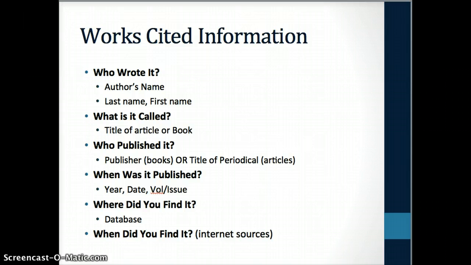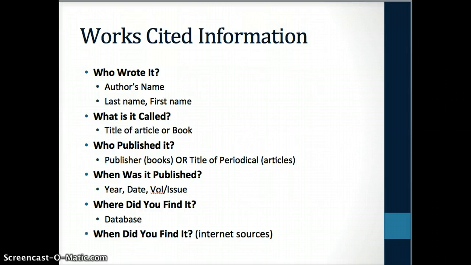For a book, you just need the year, but for a periodical, you may need a date of publication or a volume and an issue number. Now, if you're dealing with just print sources, you can stop there. But most of the sources you find in your research for college courses are going to be through a database or going to be through online sources. So then you also need to talk about where did you find it.